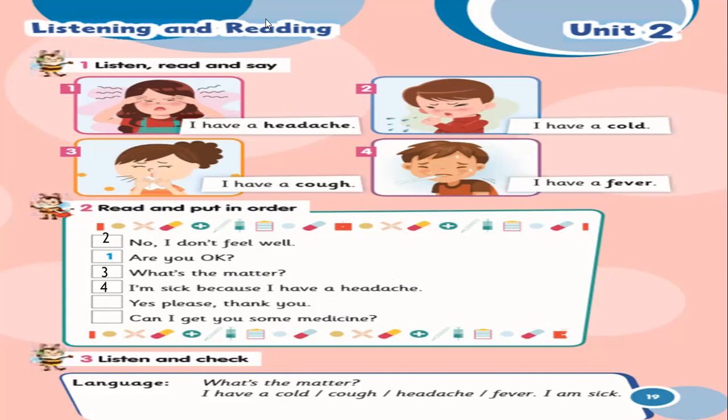Ahmed Atiyah. Number 5, please. Yes, please. This is an answer for a question. We have to find the question first, and then we put the answer.